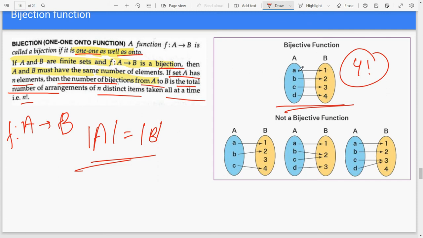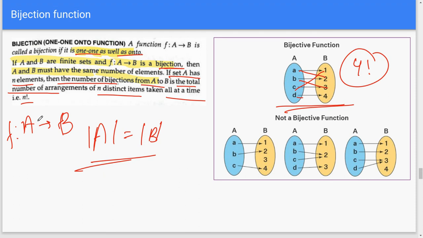Next, it may happen that a is related to 2, b is related to 3, c is related to 1, and d is related to 4. Obviously this arrangement is also possible. So the total number of possible arrangements is 4 factorial. So n factorial is the total number of bijection functions from set A to B, where n is the size of set A because both sets have the same number of elements.